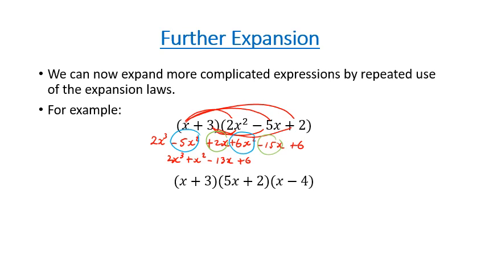We can do that as well with our second example here. I'm going to use FOIL for my first two brackets. That gives me 5x squared plus 2x plus 15x plus 6, and that still gives me x take 4.